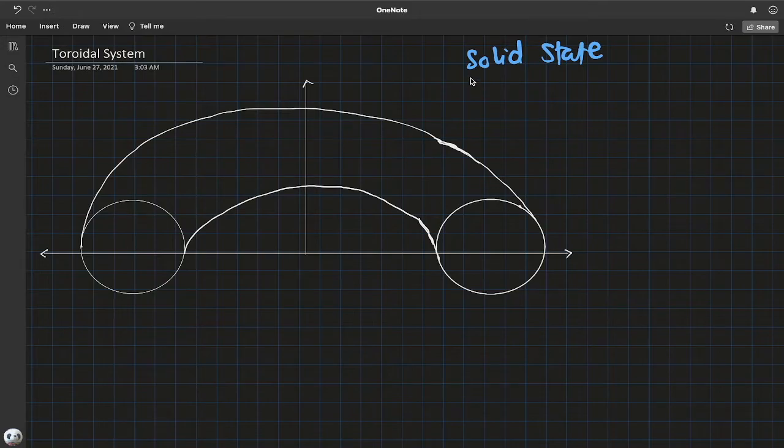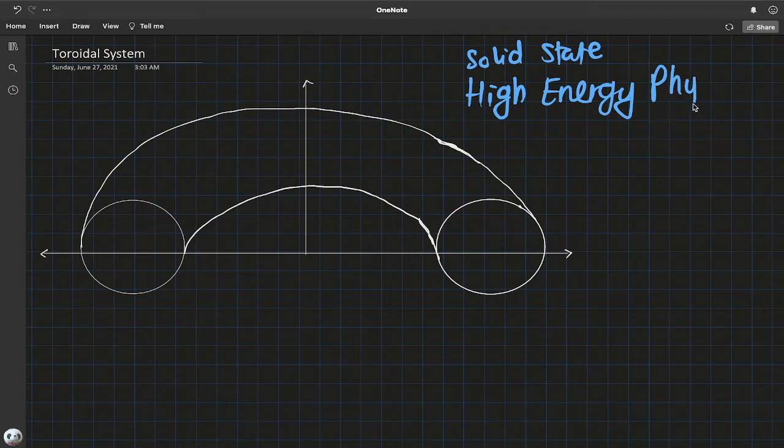More than solid state, I would say high energy physics, because when you have tokamaks, they are usually in toroidal containment units. So the TO is for the toroidal in that acronym.